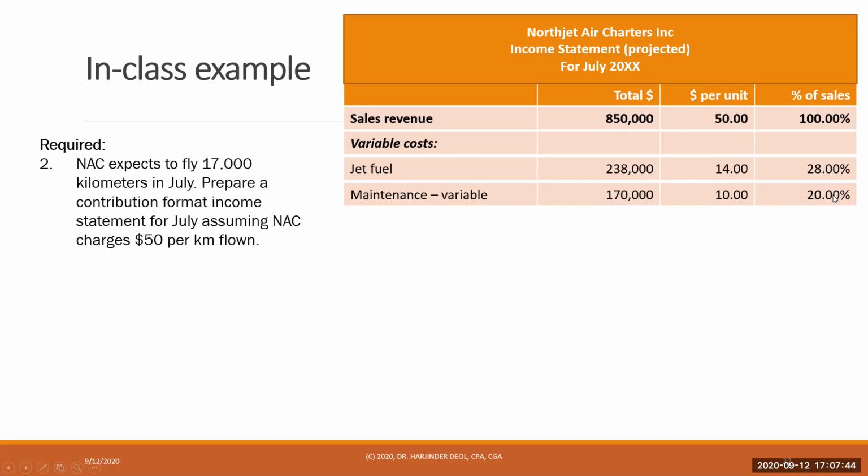As a percentage of sales, 10 divided by 50, 20%. So total variable costs, therefore, are $24 a unit, or $408,000 in total for 17,000 kilometers flown. And as a percentage of sales, that's 48%.